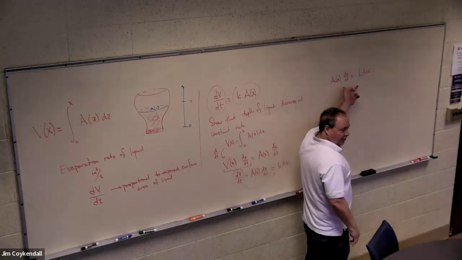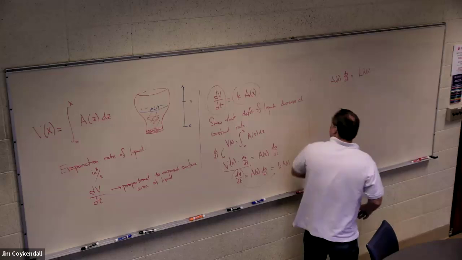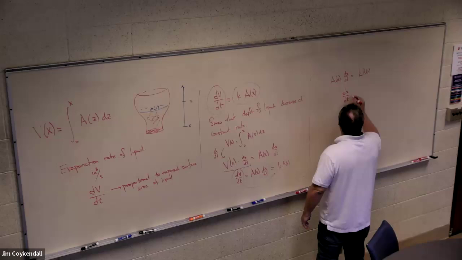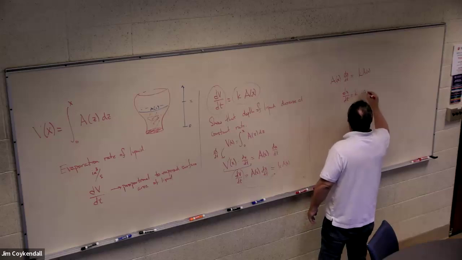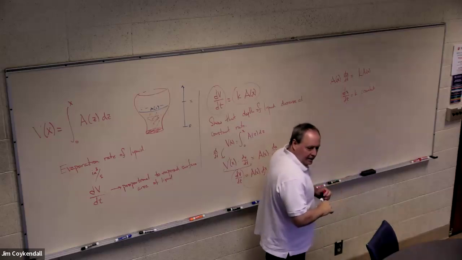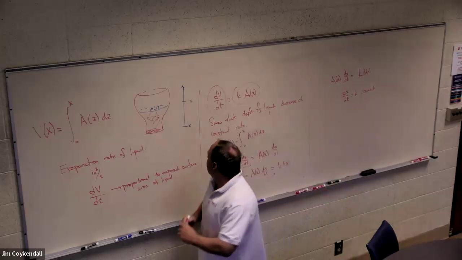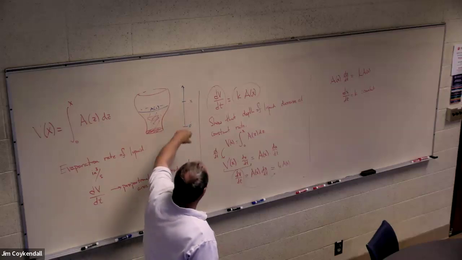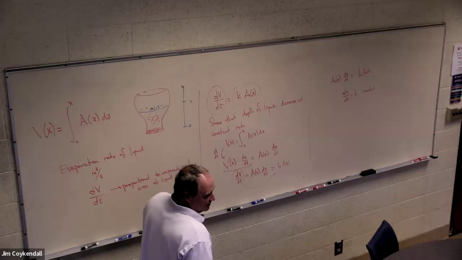Now, assuming the cross-sectional area is not zero, which is a reasonable assumption, what does this equation tell me? It tells me that the change in the depth of the liquid x with respect to time is constant.